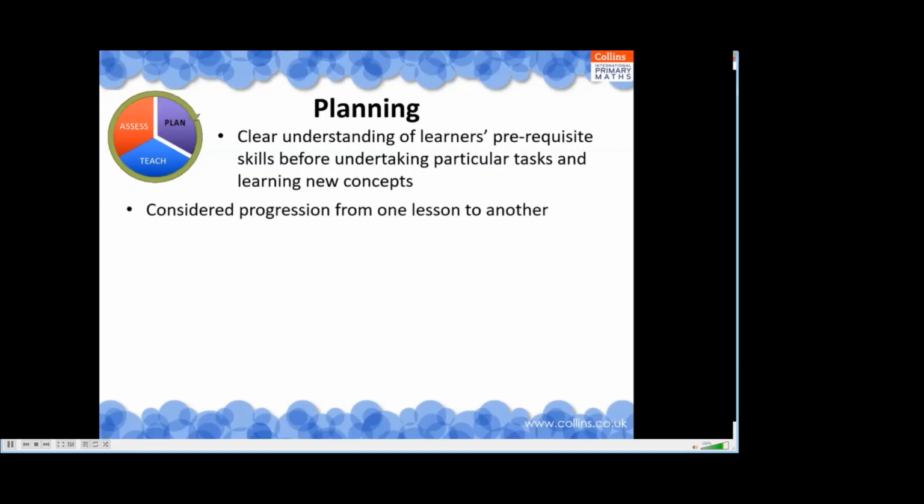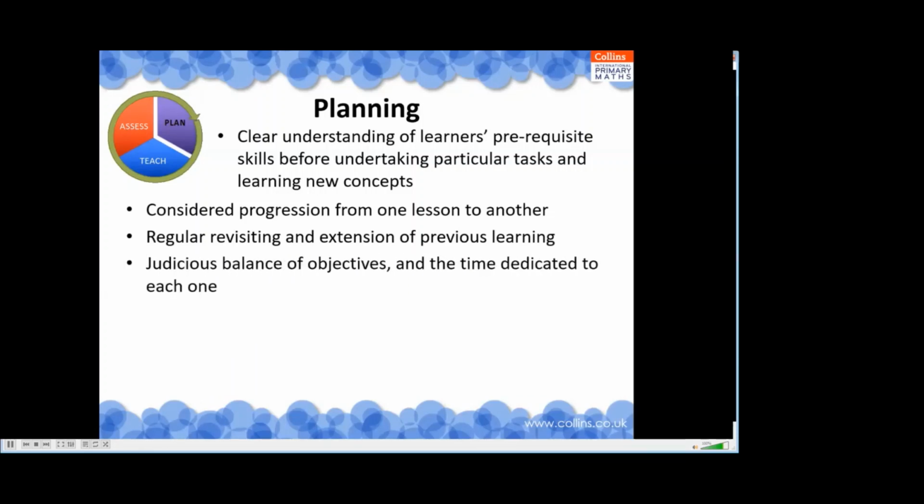Consider progression from one lesson to another, regular revisiting and extension of previous learning, a judicious balance of objectives and the time dedicated to each one, and the use of a consistent format and structure.